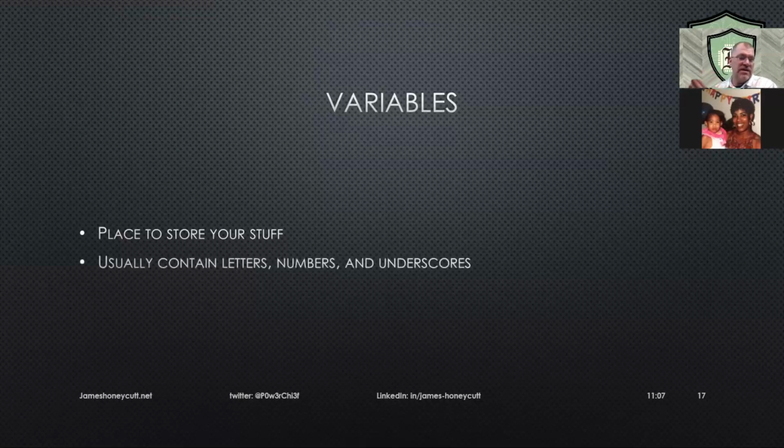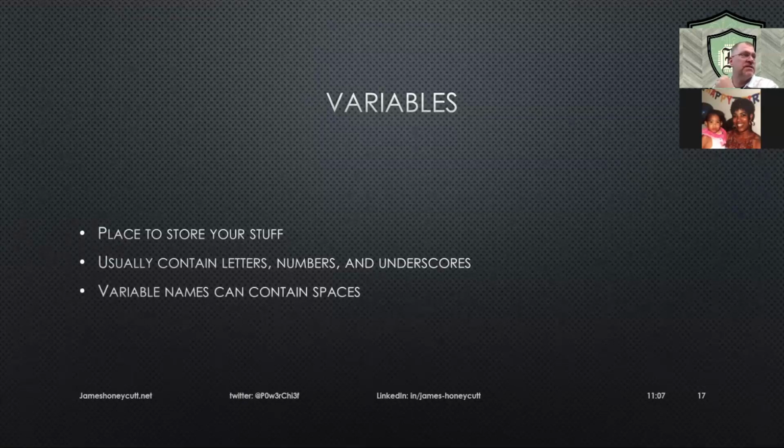So they usually contain letters, numbers, and underscores. However, PowerShell can contain spaces, but you have to put it in quotes. And I started tinkering with it again the other day. I got it to work once, several months ago, but I tried to tinker with it the other day and I didn't like it, because if you're going to put a space, you got to use quotes.